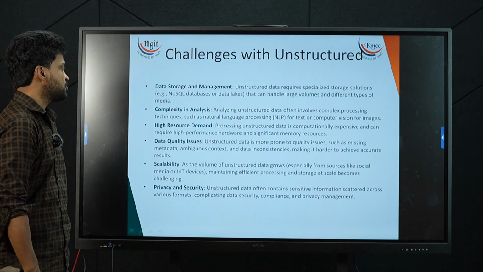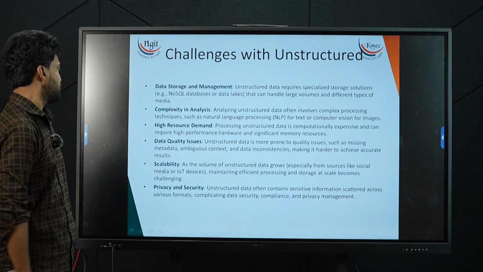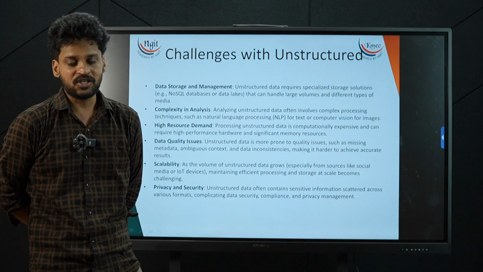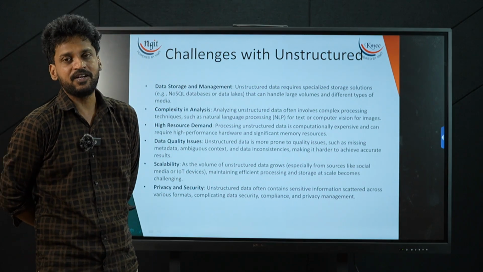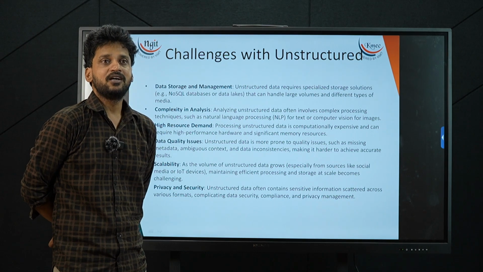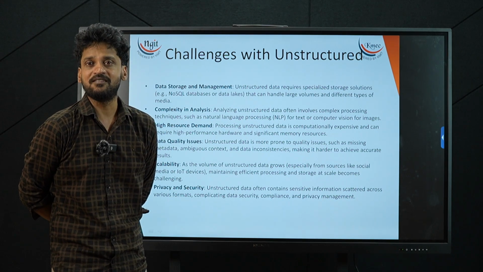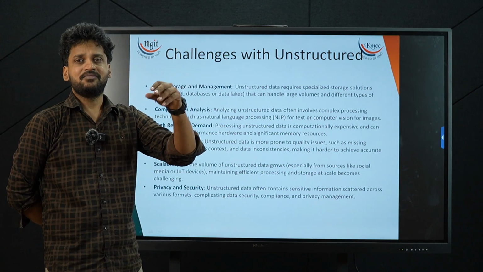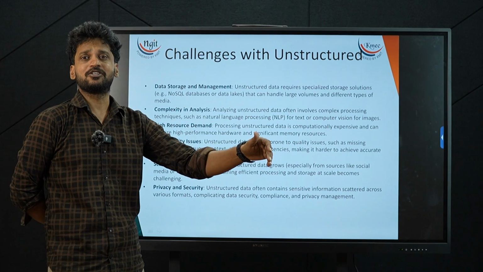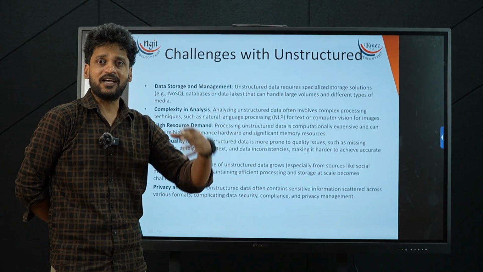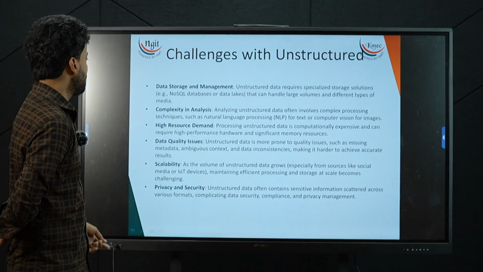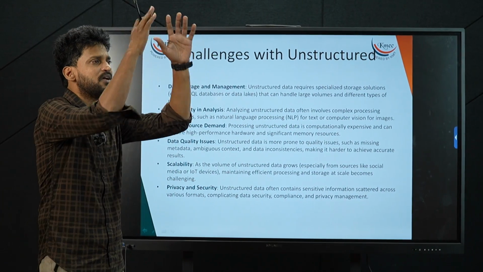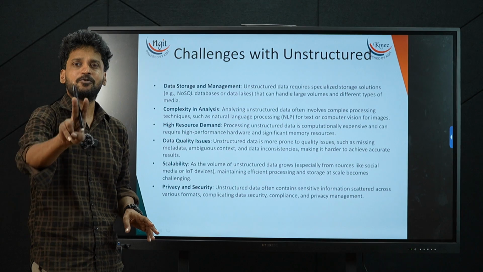High resource demand. Processing unstructured data is computationally expensive and can require high-performance hardware and significant memory resources. Now, you are analyzing a 4K video, or a 456 by 456 image. As the resolution increases, maybe not only for a picture, maybe for an audio file also, whenever you are trying to analyze this, there may be a requirement of high resources. What is the resource? Resource is simple. For a computer system, there are two primary resources.